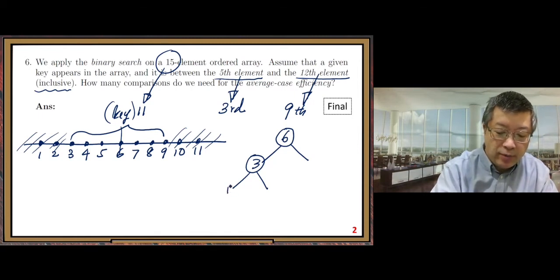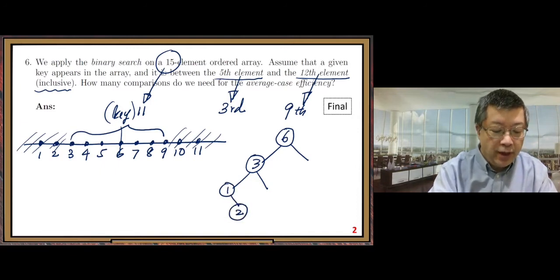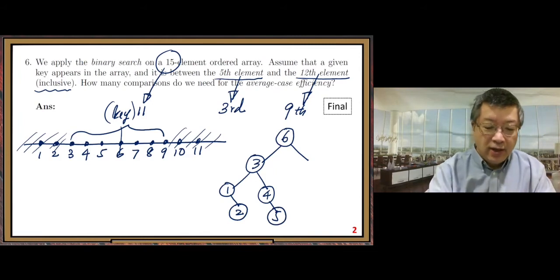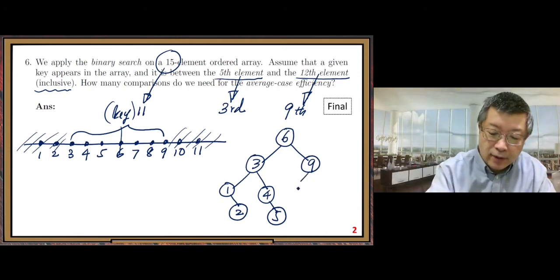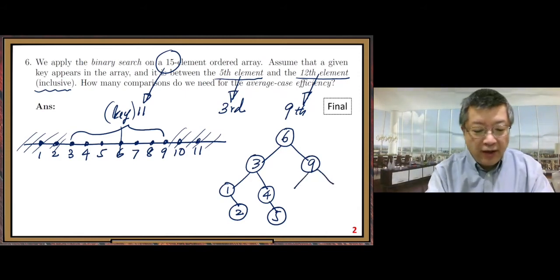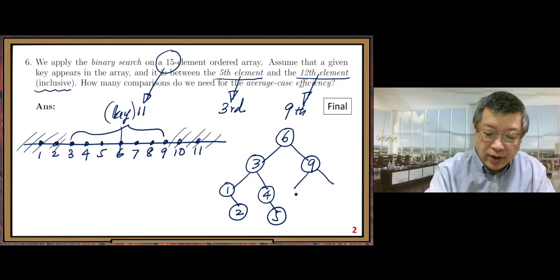Let me put 1 here, 2 here. Then 4 here, 5 here. This side, 9, because it's the one in the middle. Left, 7 and 8. We compare 7 first, then 8.